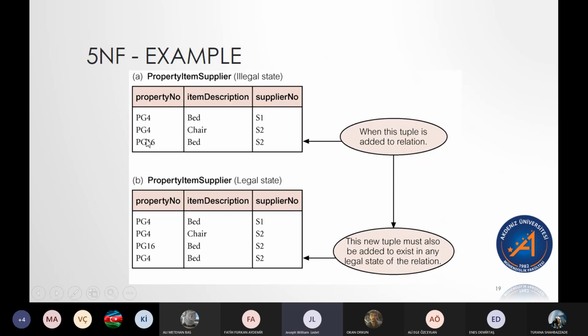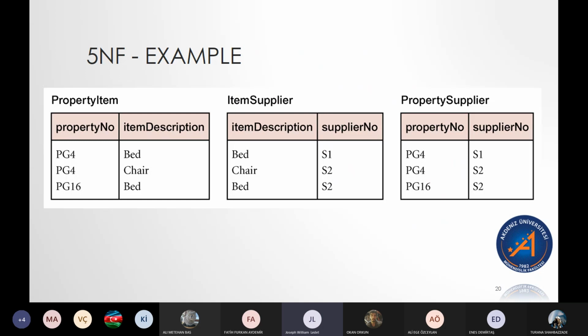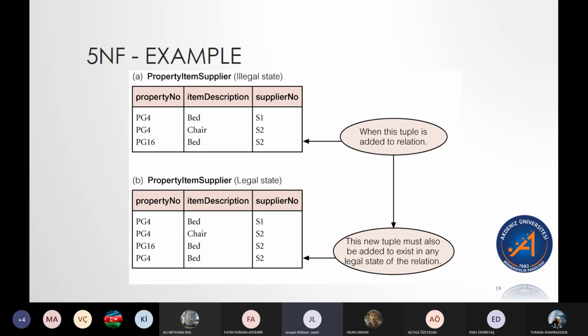So the idea is that when we have some of these different tables, like if you have a supplier who supplies to a particular property, when we join these things together, so we join a bed, supplier number, and property number together, right? When we add a new row in, we may end up getting some extra tuples, right?